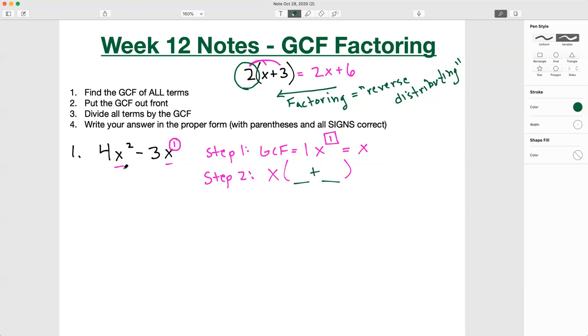So this is going to become something that will go right there. And this right here, the negative 3x, is going to be something that goes right there. But we will have taken out the x from this, and we will have taken out the x from this. So that is step 3, dividing all terms by the GCF.